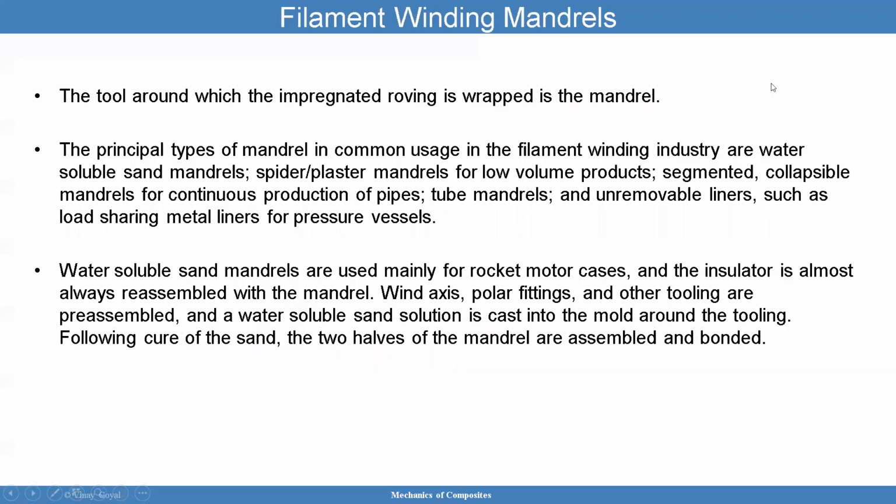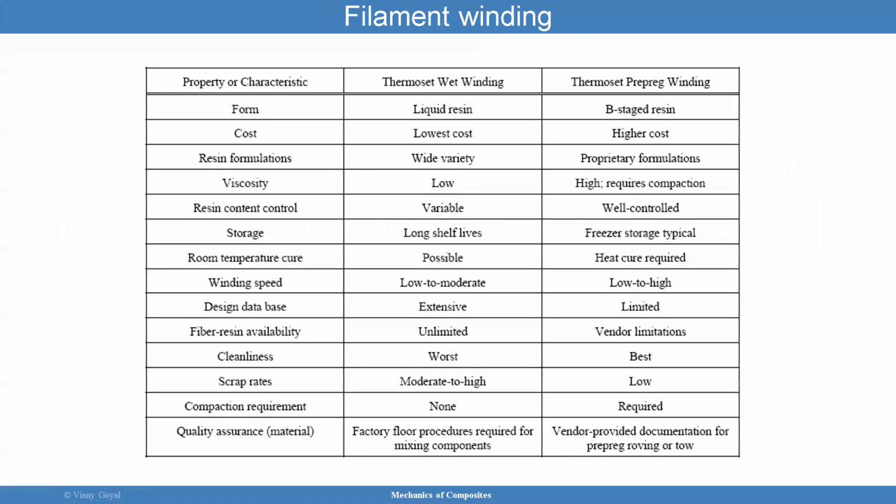Yeah, one approach is to use plaster, soluble sand mandrels. You can use collapsible mandrels, tube mandrels, ways that you can remove it. Water soluble mandrels are used for rocket motors, but you could have metal as well, but you may have to cut it.